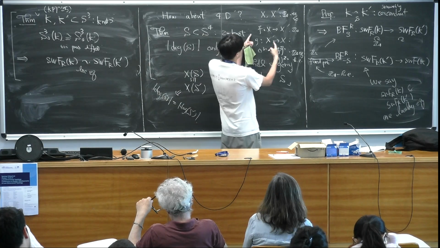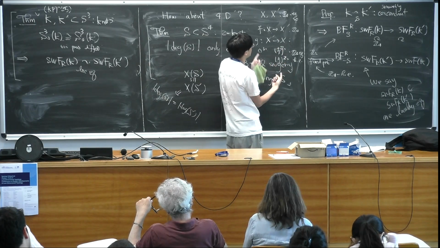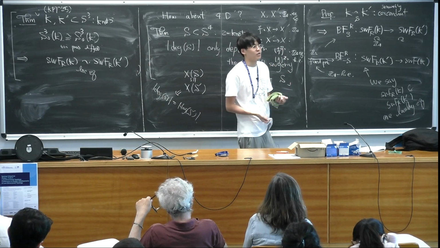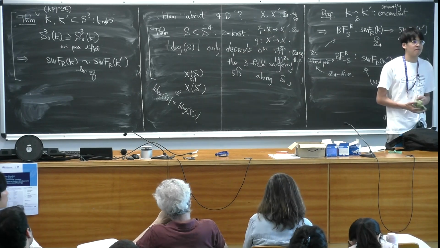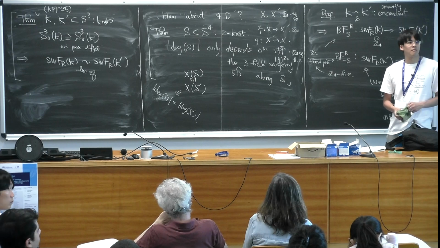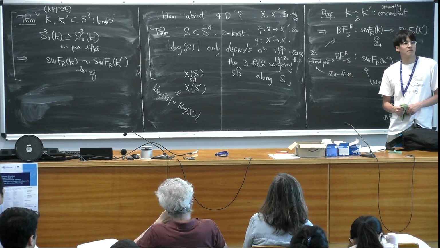So if you have these two maps satisfying this condition, I say X and X prime are locally equivalent. This implies homological. Yes.